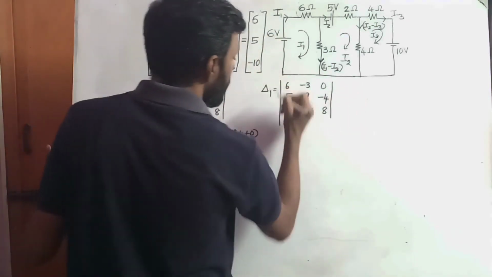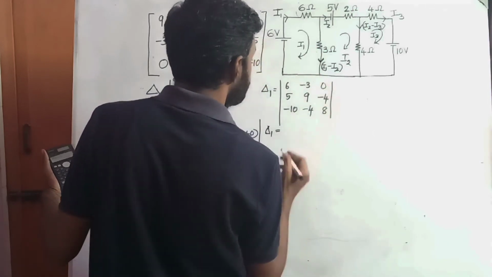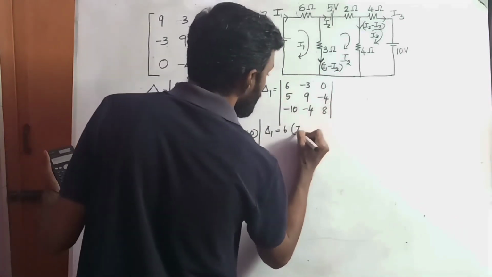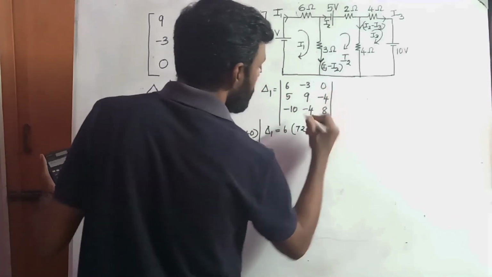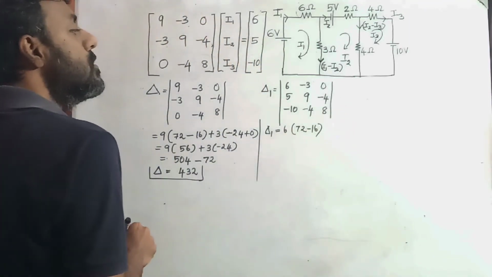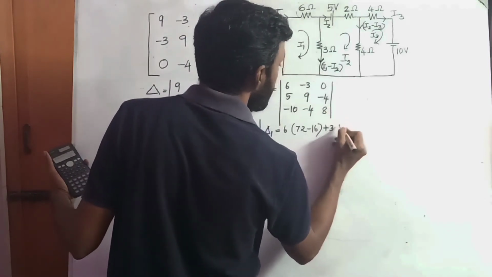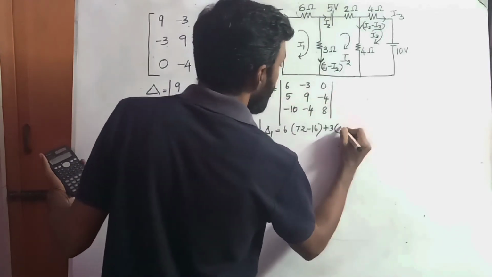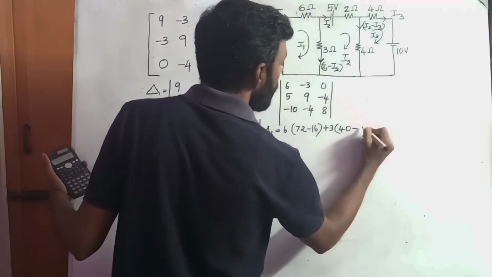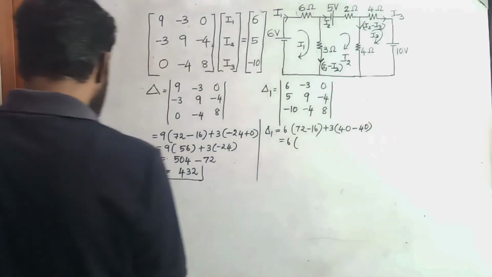Let's solve this: delta 1 equals 6 into (8 nines are 72, minus minus 4 fours are 16), plus 3 into (5 eights are 40, minus minus 4 tens are 40).